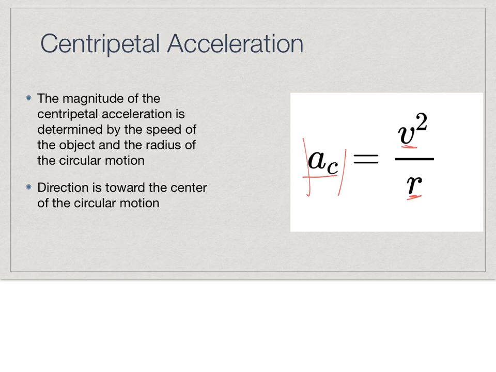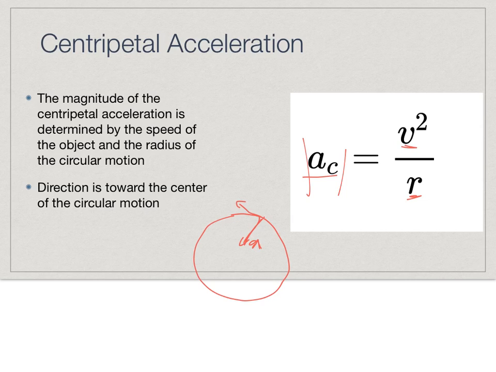And the direction is always towards the center of the circular motion. So again, this will tell you the magnitude, how long the arrow is, but the direction is determined by where you are. Like here's the velocity, here's the acceleration.